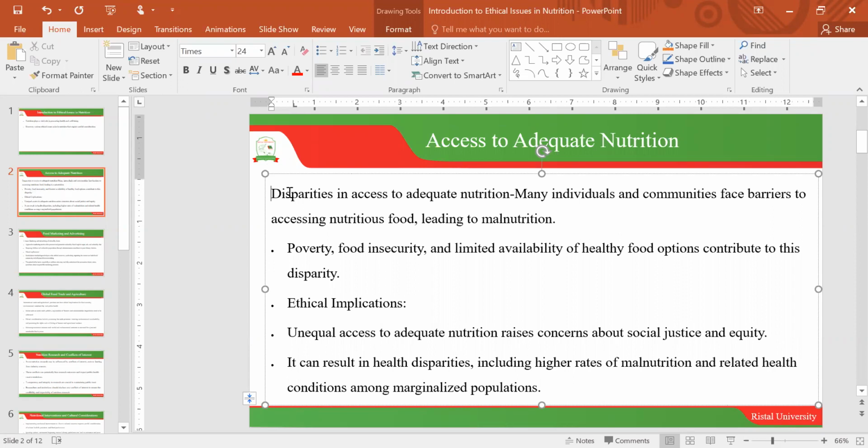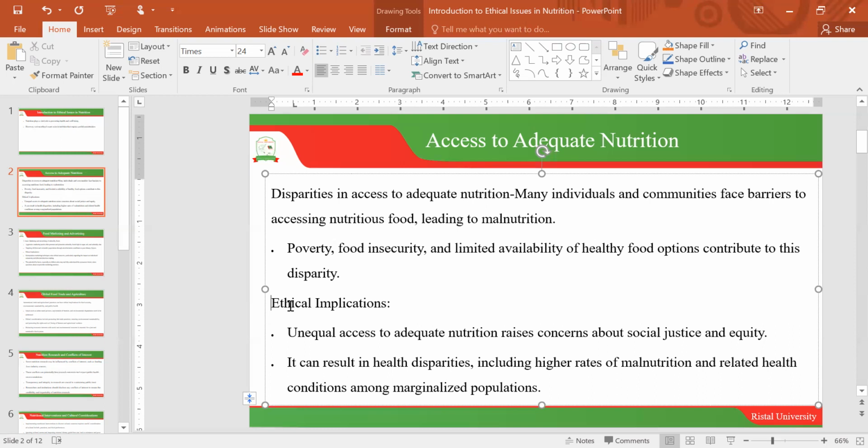What ethical implications are associated with this? One is that as health professionals, your interest is to identify populations or individuals who are at risk of malnutrition or who are food insecure, and then be able to do something that can make sure that their nutrition status or nutrition outcomes are actually improved.